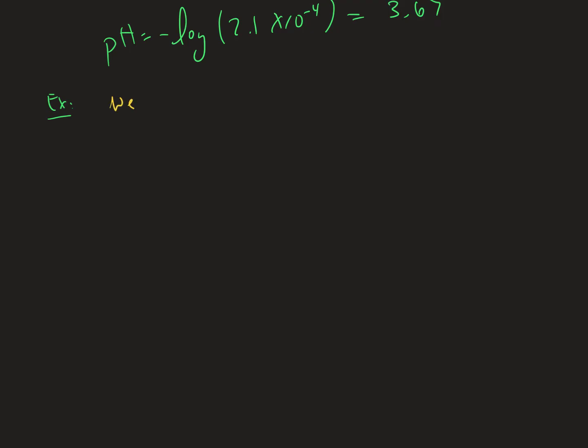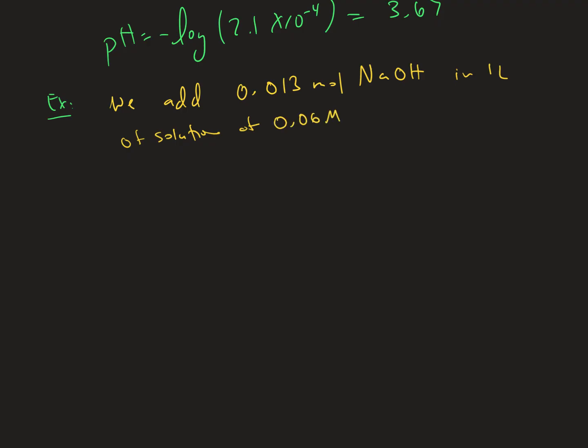So if we add 0.013 moles of a strong base, sodium hydroxide, in 1 liter of solution of 0.06 molar concentration of our HCOOH.